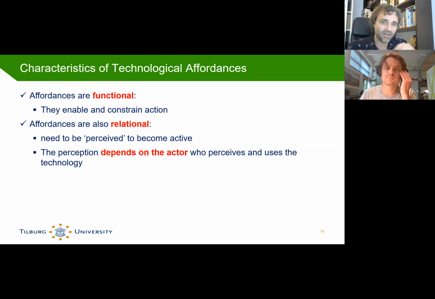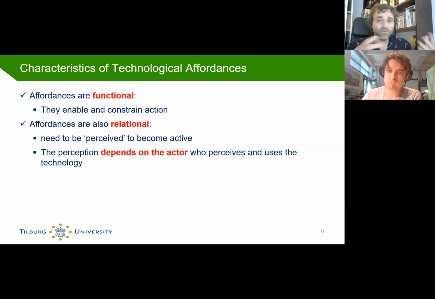But if you look at the rock and think, the rock is kind of heavy and it has a flat edge, so I can use it to hammer a stick in the ground. Then suddenly your rock is a hammer. And then an affordance of a rock becomes hammering stuff into the ground or bashing someone's head in. And that's an affordance. So an affordance is part of the technology, a thing that you can do with the technology, but also a thing that you have learned that you can do with it. So that basically means they're functional, so they enable and constrain actions.